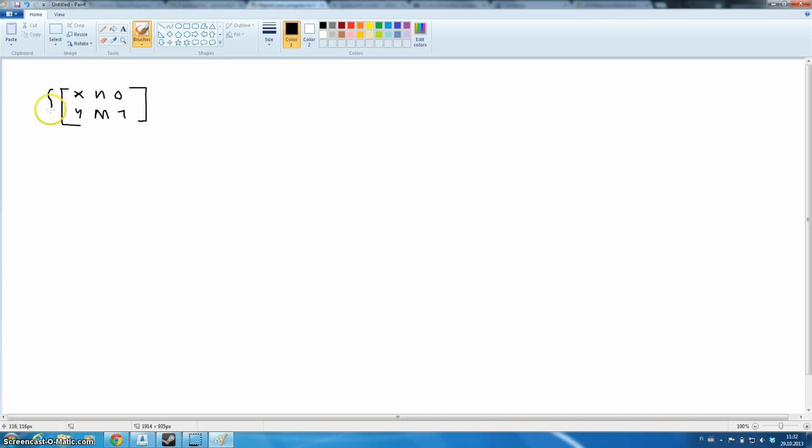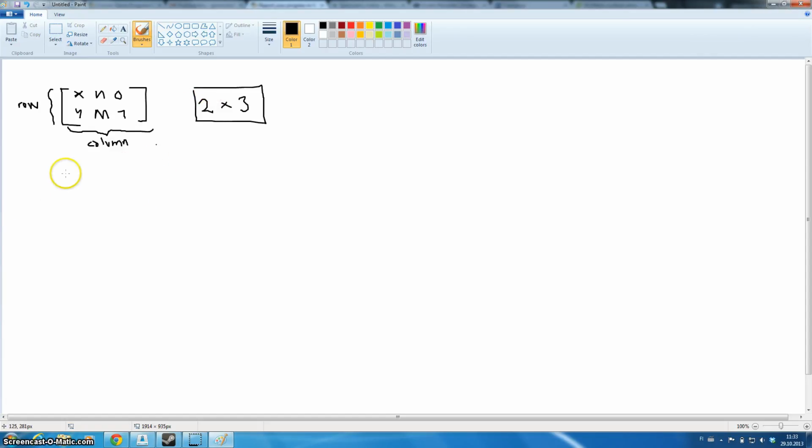So here are the rows, and here are the columns. This kind of matrix is 2 rows by 3 columns. So this is how the matrices are marked.